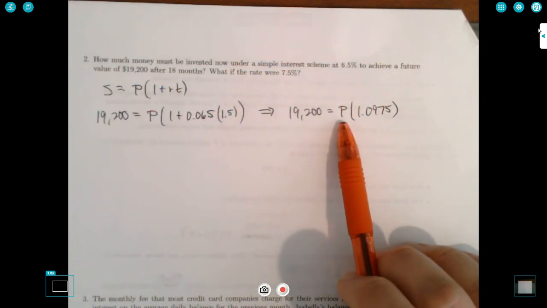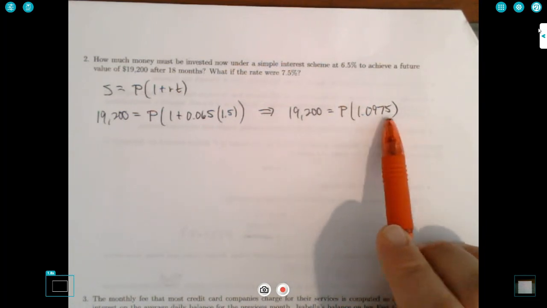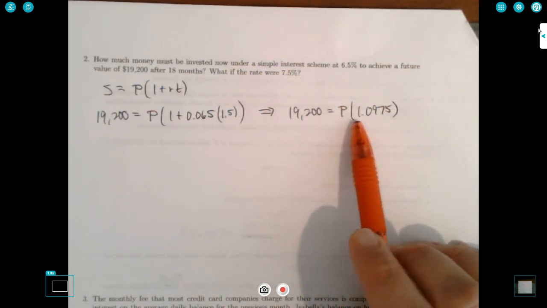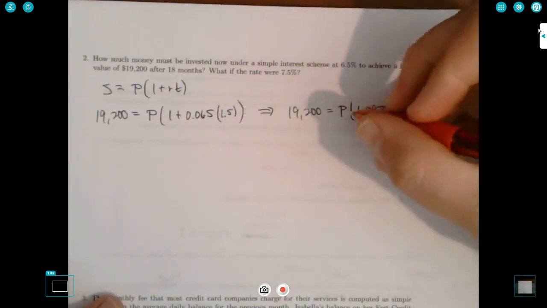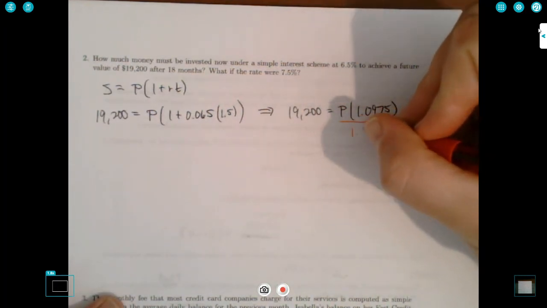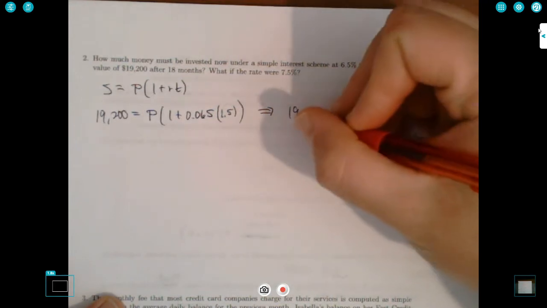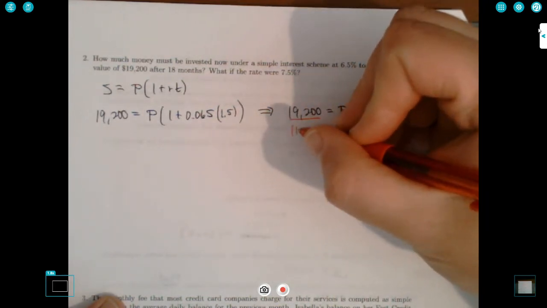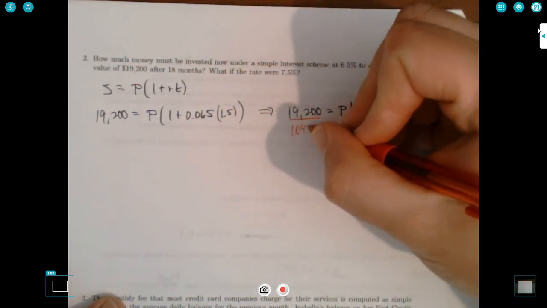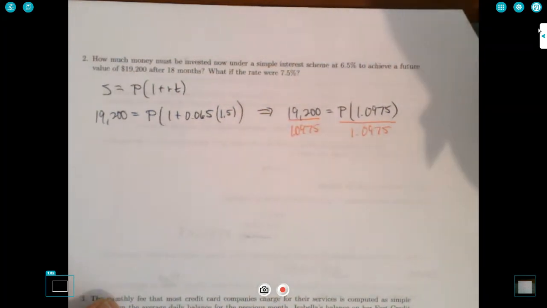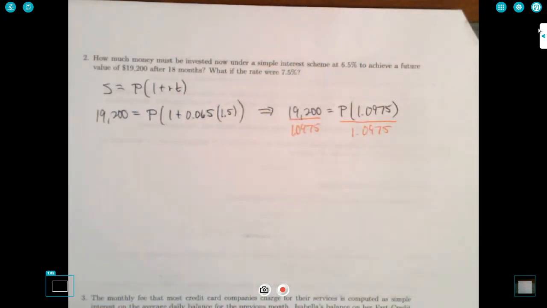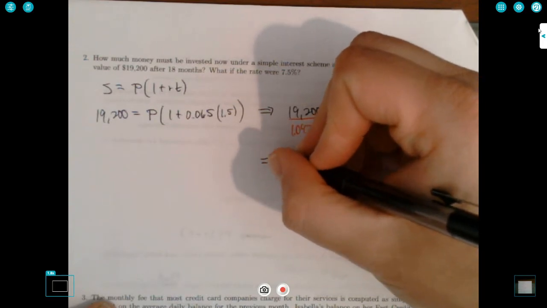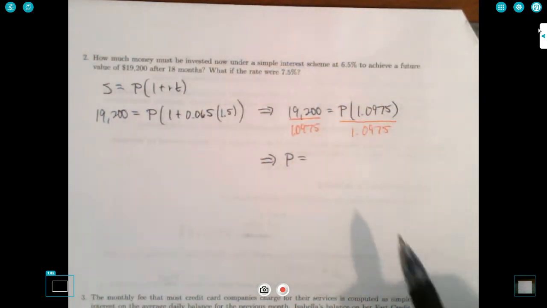So we get to this point. Now, if I want to solve for P, this is P times this number. So if I want to solve for P, I can divide by that number, right? So I can divide by 1.0975 on both sides. And so I get P equals that.